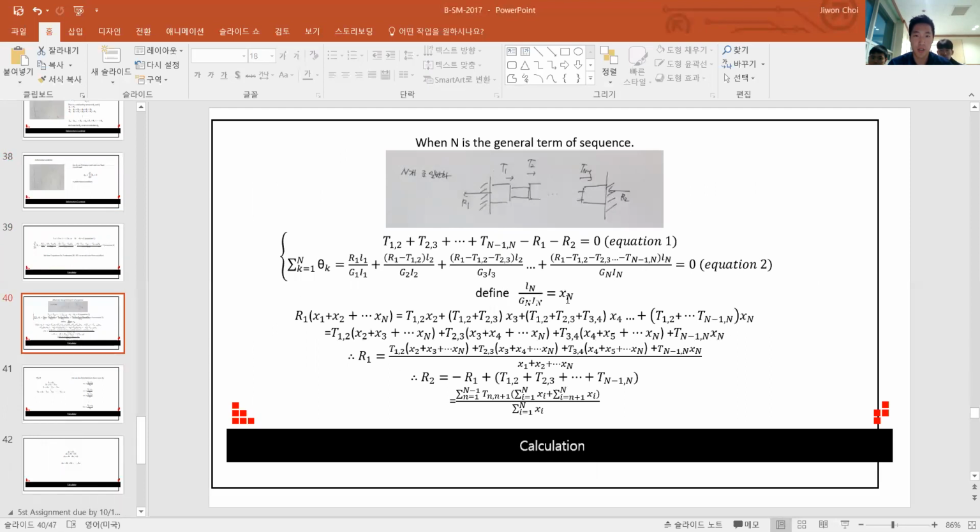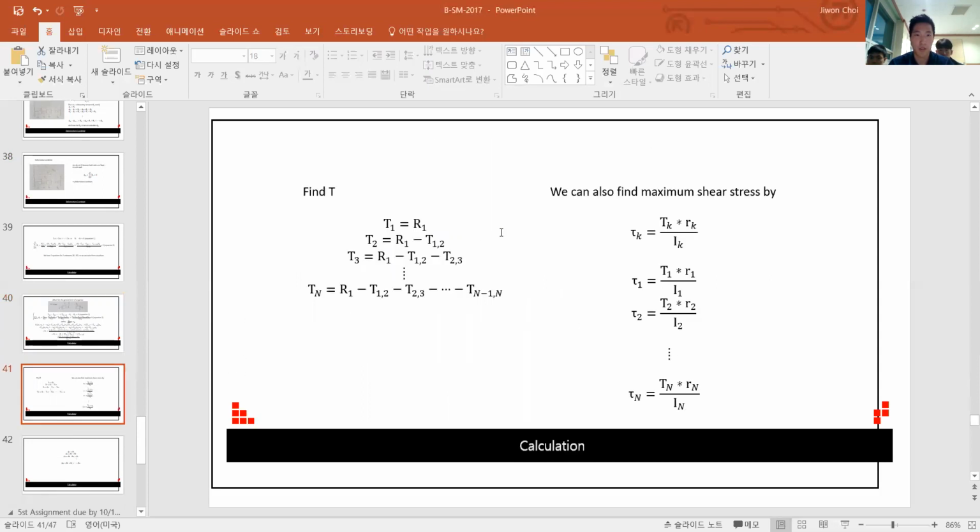We defined Ln over Gn times In as Xn to simplify the calculation, and we found R1 and R2. The values that we are finding are as follows. Internal torque T1 is R1, T2 is R1 minus T1,2, and so on. Tn will be like this.